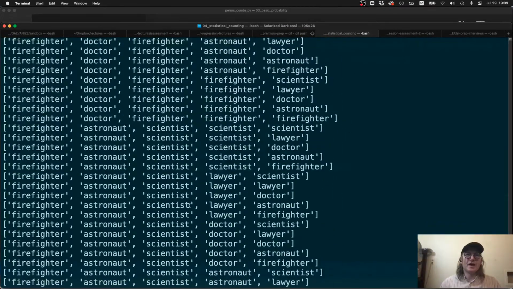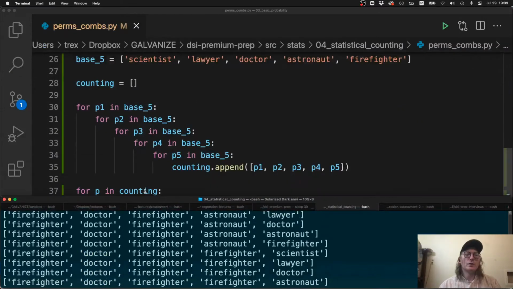What we want to glean out of this is things that are permutations. What's a permutation? It's any of these lists that doesn't have duplicates. So firefighter, astronaut, scientist, doctor, astronaut is not a permutation because we've repeated astronaut. So we need to trim that out.